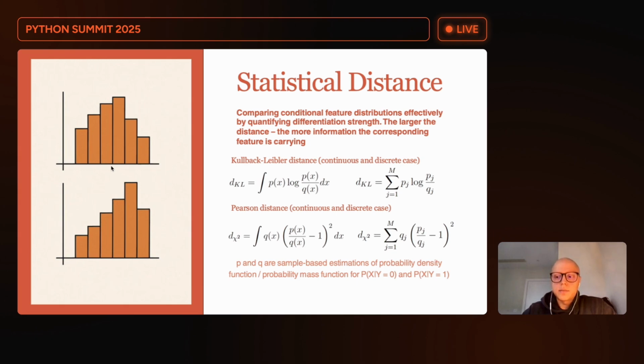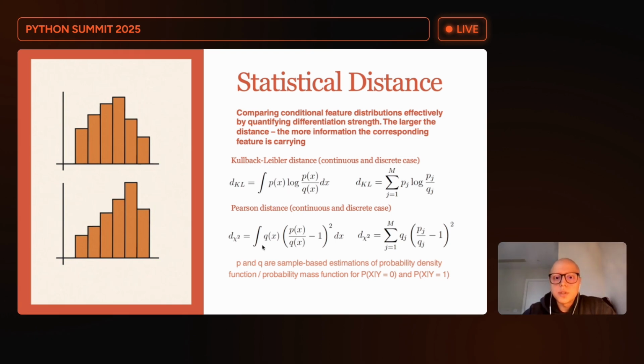And in case of the feature being a discrete one, it represents an approximation to the probability mass function. So if you have two histograms, you can measure distance in the way that is written here.